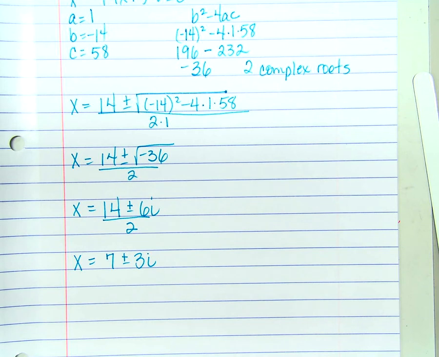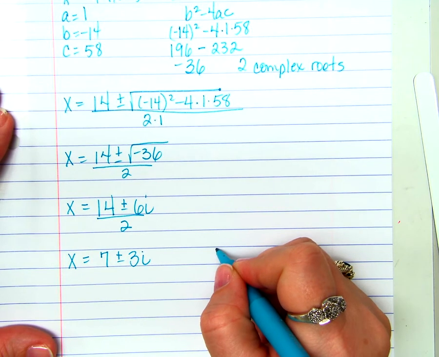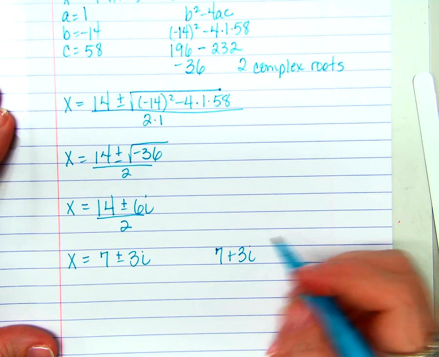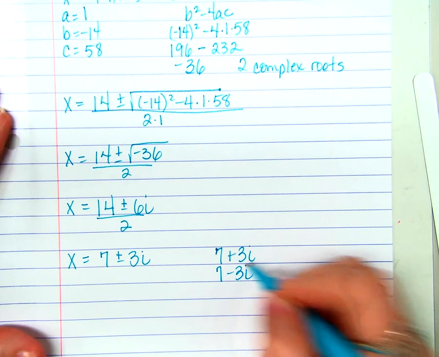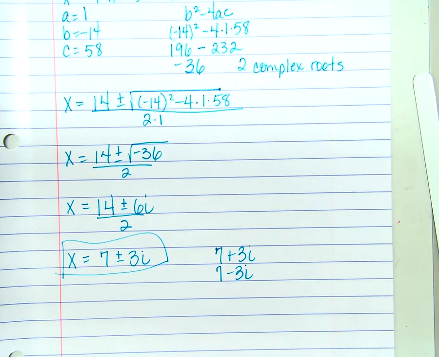Okay, for the record, I'm not going to make you write this on your homework, but for the record, what is the first answer? 7 plus 3i. What is the second answer? 7 minus 3i. I just needed to make sure everybody could see both answers. Fair enough? Okay, but this is perfectly acceptable for an answer. Okay? Questions?